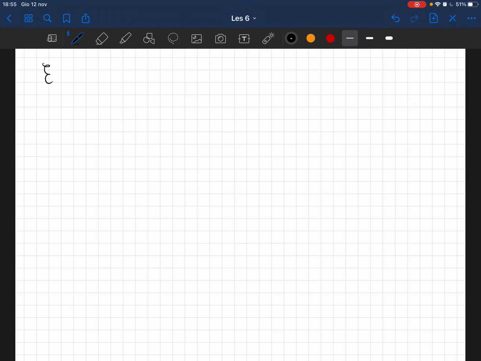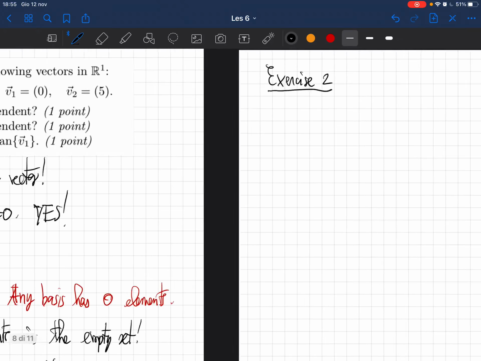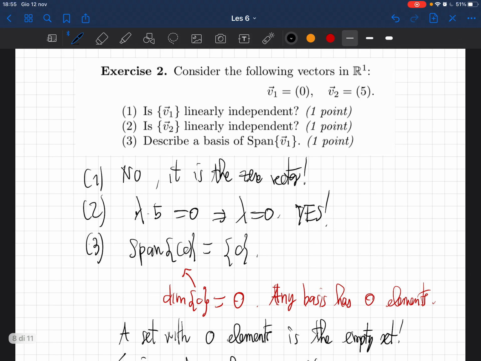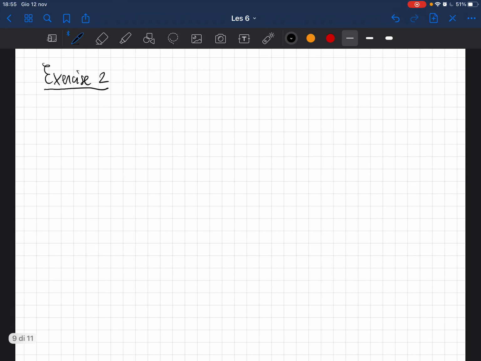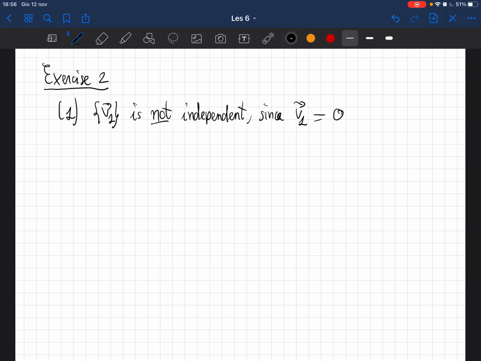So exercise 2. Okay, very quick. Is not independent since v1 is equal to 0.